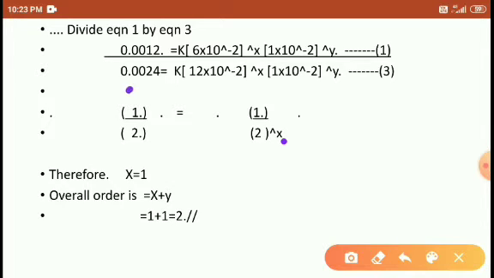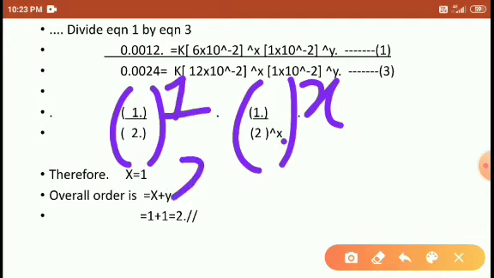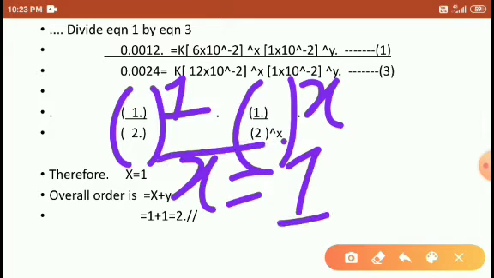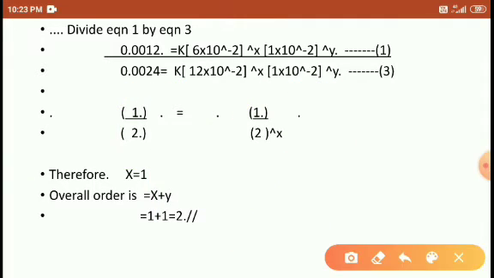The power is 1, so x is equal to 1. Now the overall reaction order, meaning the sum of the powers of the concentrations of the reactants, is called the order.